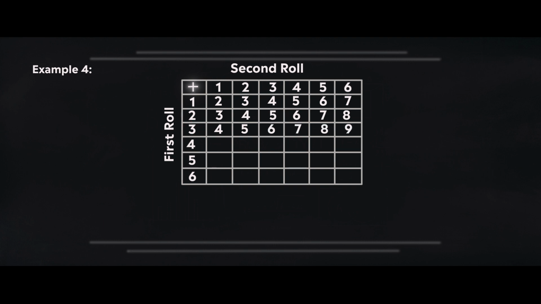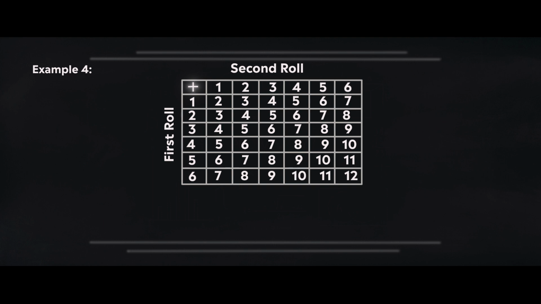If you get 4 on the first roll and 1 on the second roll, the sum would be 5, 6, 7, 8, 9, 10. Next would be 6, 7, 8, 9, 10, 11, and it goes on. This is how you fill up the outcome chart.